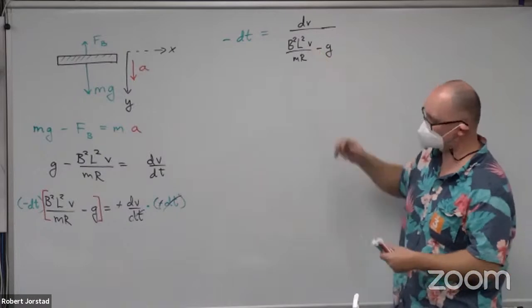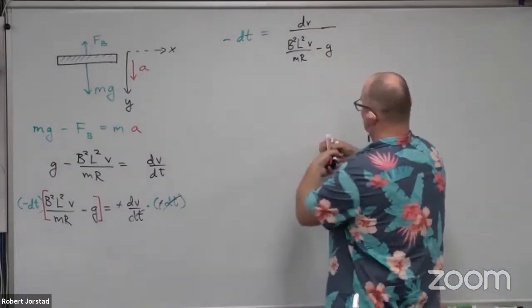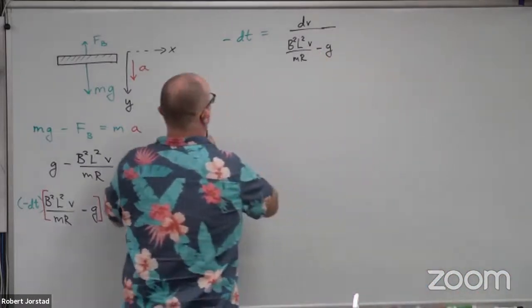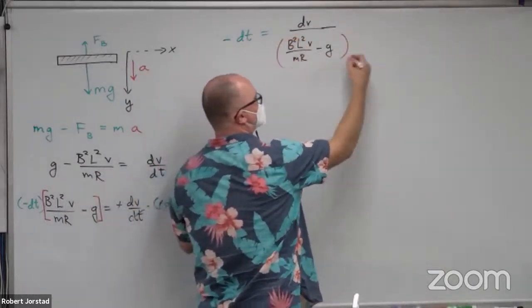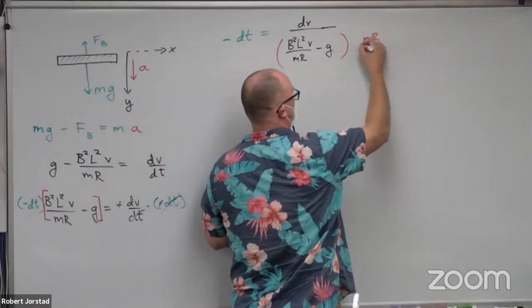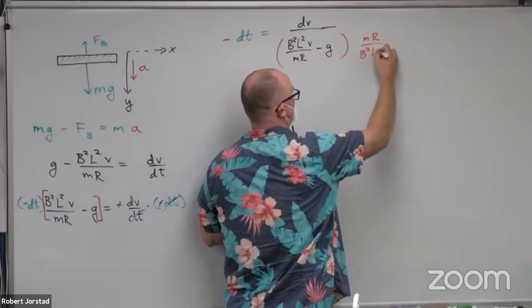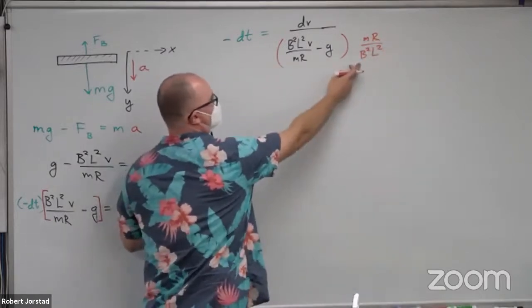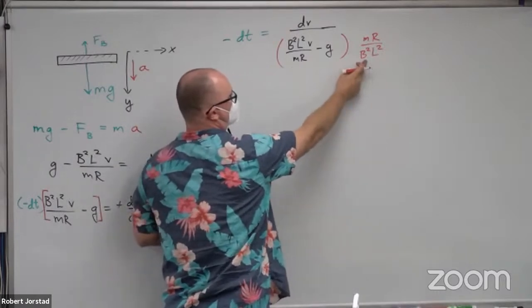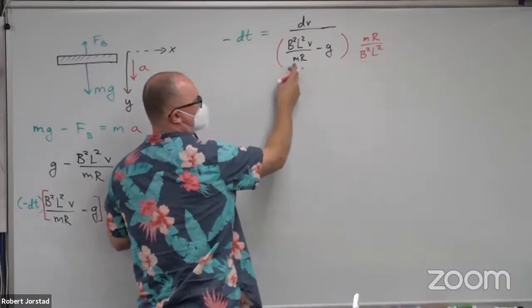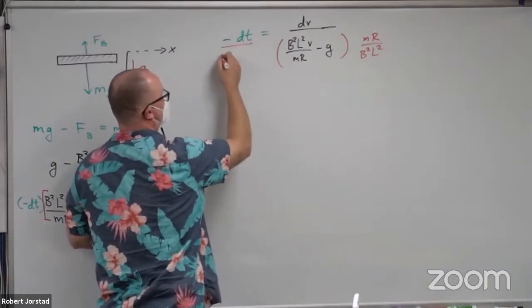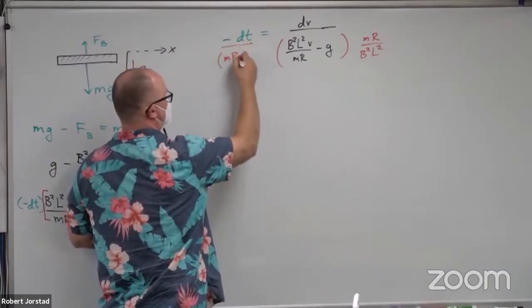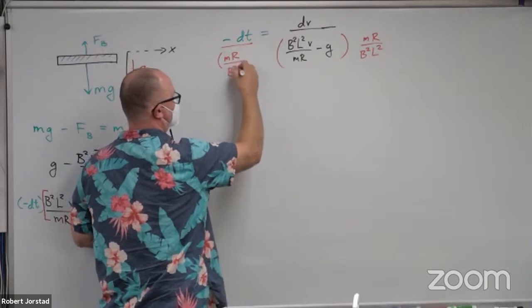And let me show you what I mean. What if I just take both sides of this equation and I want to get rid of this stuff, Mr. b squared L squared. The idea is if I multiply by this in the basement over here, you agree that'll clean this term up? But if I do it there, shouldn't I have to do it here? Mr. b squared L squared.